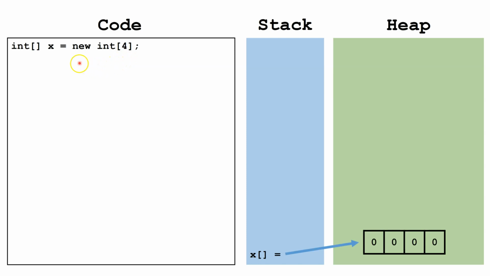This could be done on two lines, where we declare the variable on one line and initialize it on the next. If we don't specify the values, in this case, they will default to 0 because it is an int. If it were a double array, they would default to 0.0. If it were a boolean array, they would default to false. And if it was any type of object array, the values would default to null.